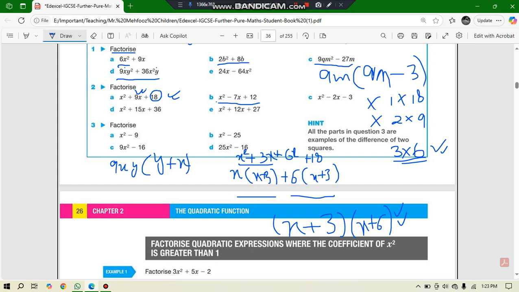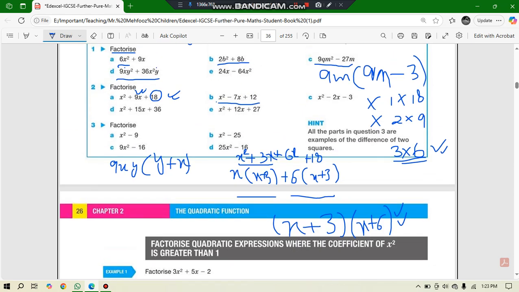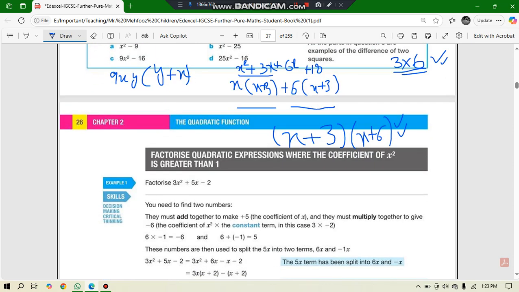First of all, we have to find the pair of numbers which multiply to give 12, and which add or subtract to give 7. So you can write it as 1 multiplied by 12. We multiply these two numbers, your answer is 12, but when we add or subtract these two numbers, your answer will be 13 or 11.